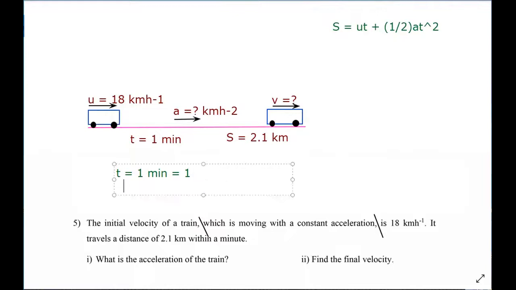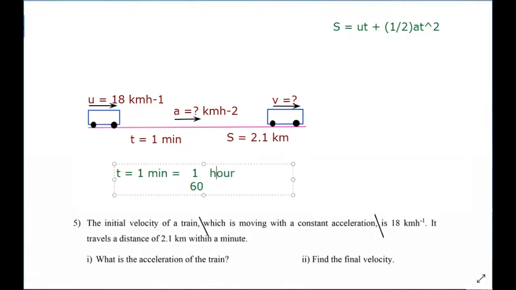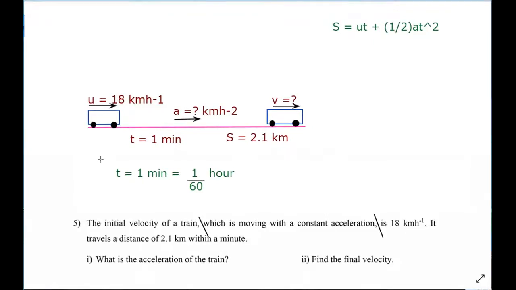If I divide the minutes value by 60, minutes will be converted into hours, because 60 minutes is 1 hour. So we must write this somewhere else, as we will need it.